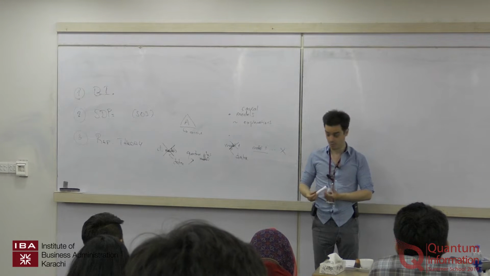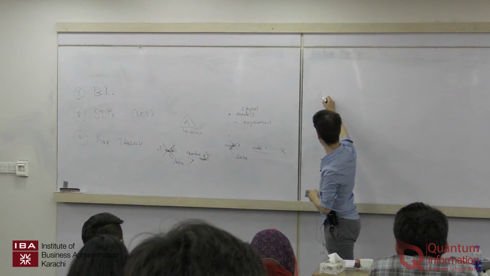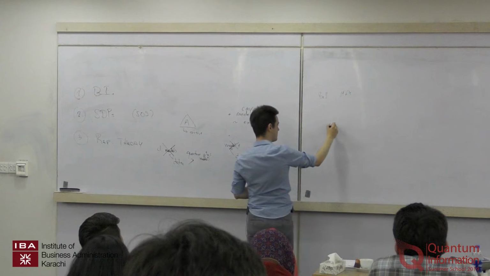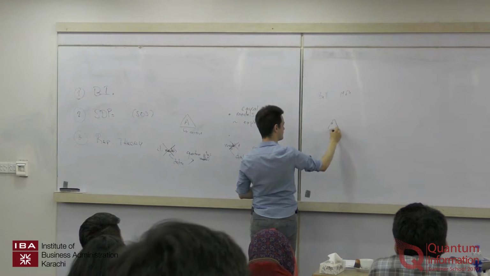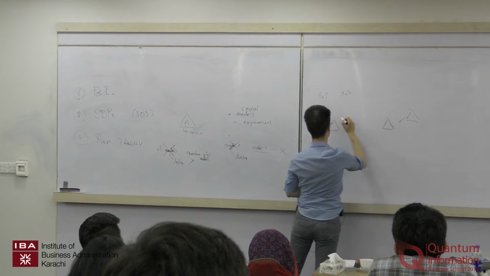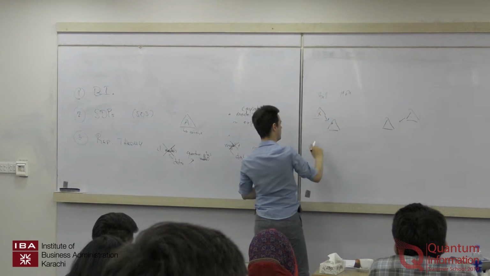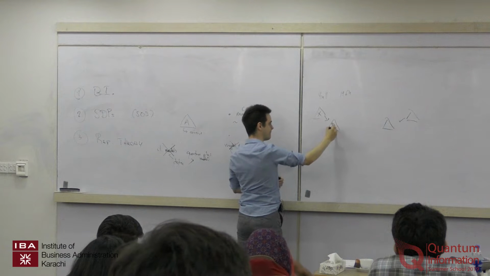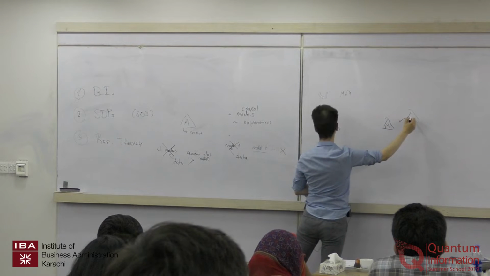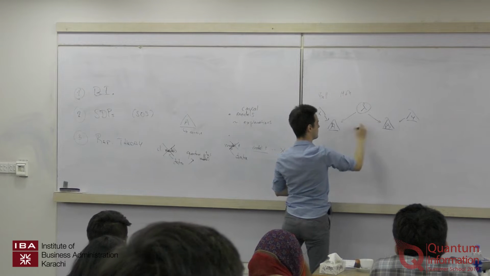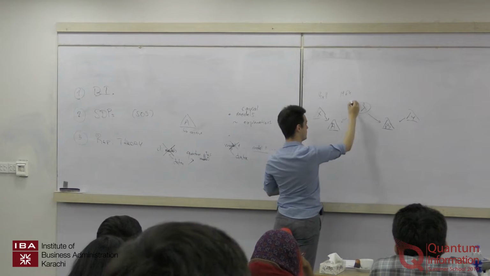for your description. What Bell showed in 1964, and the idea is to do a simple experiment where you have two boxes. And the thing is, you have here and here, and you have a system that's shared between the two labs.